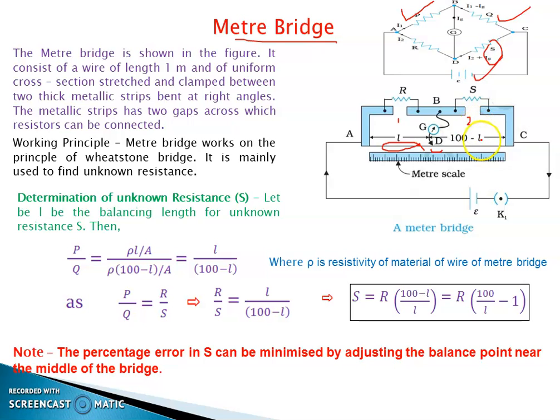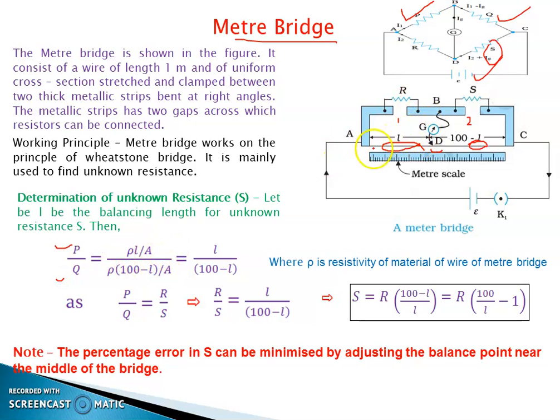That is the resistance of this portion of the wire. Now galvanometer deflection is 0. Here galvanometer deflection is also 0. So we can say R by S is equal to resistance of this wire divided by resistance of this portion of the wire. So it may be written as P by Q is equal to rho L by A.